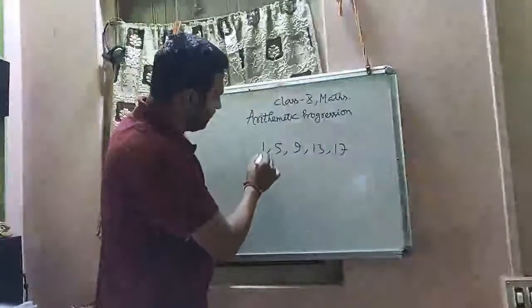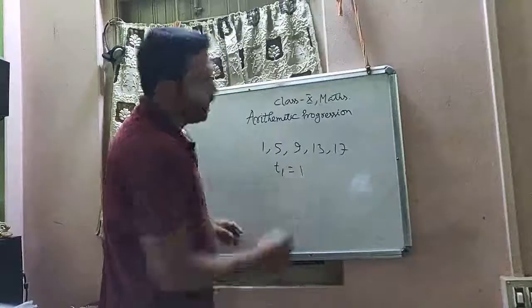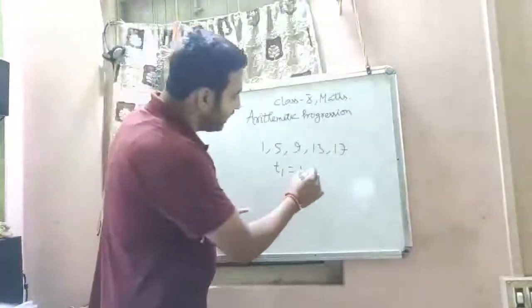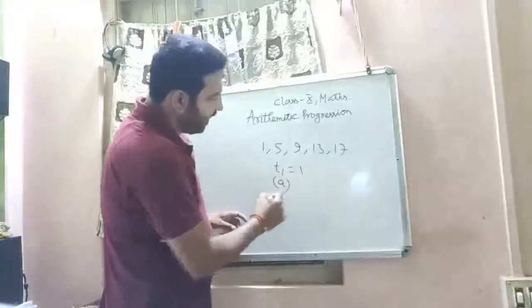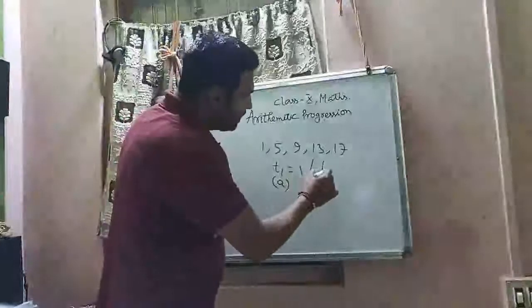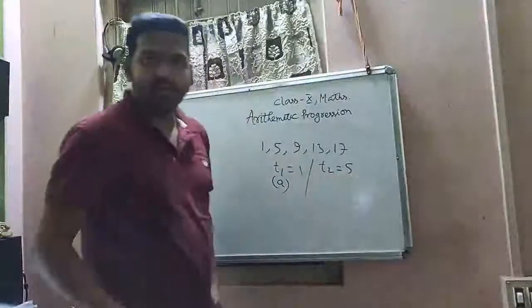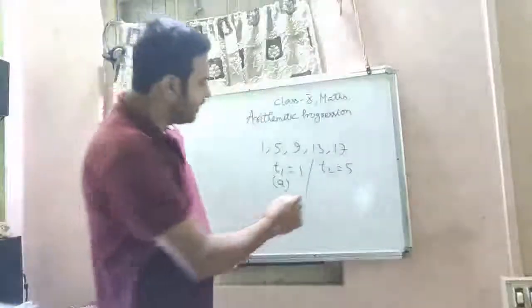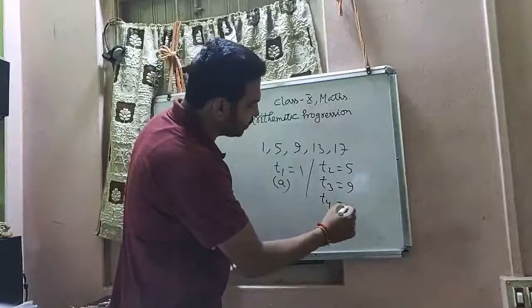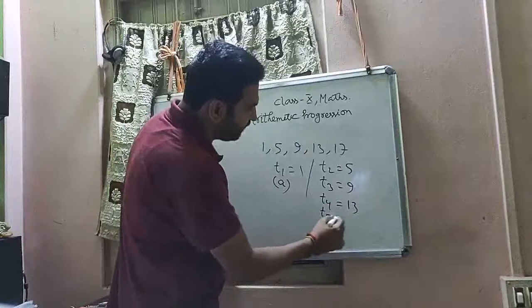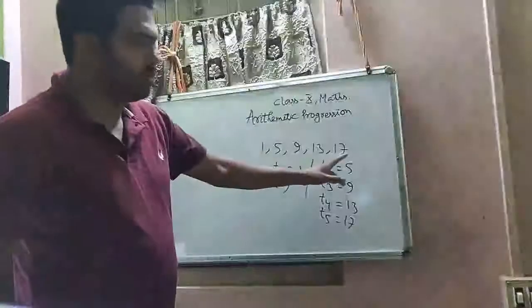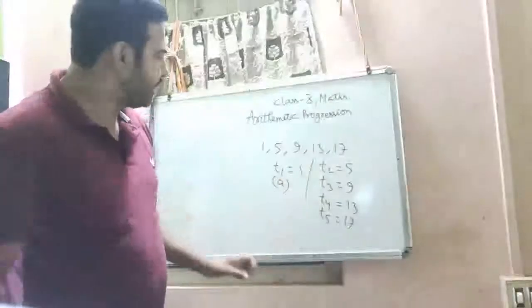The first term I can write T1 is equal to 1, or the first term is also denoted as A. A is the first term, term 1. Okay. Next, T2 is equal to 5. T2, the second term. T3 here is 9. T4, the fourth term is 13. T5 is 17. Okay. So I've written 5 terms present in the series.